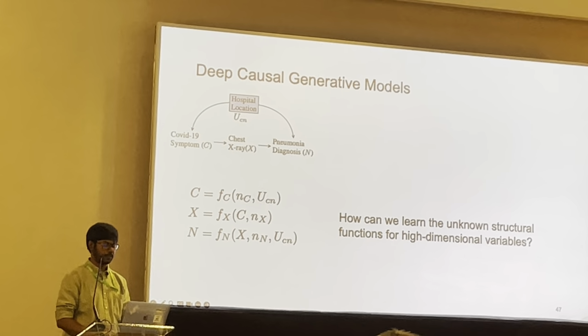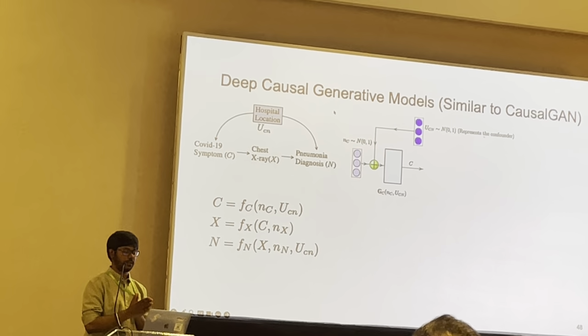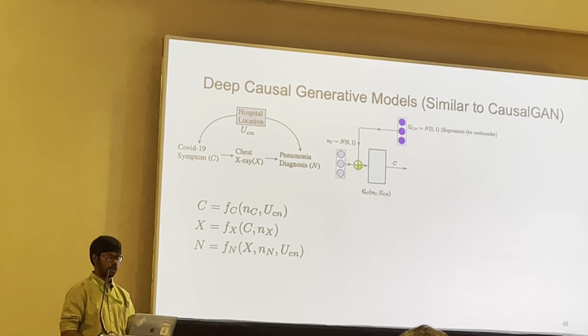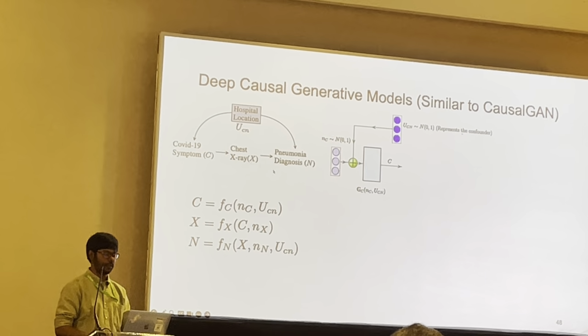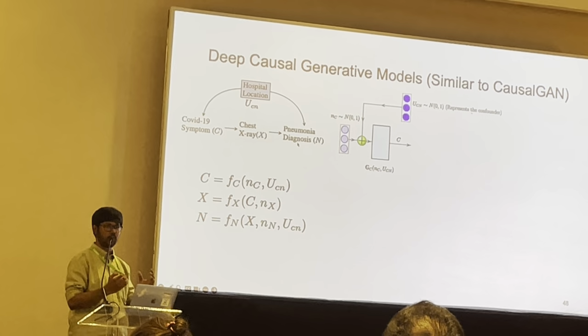How can you actually know that? So we have the deep causal generative model that is similar to CausalGAN, if you remember. We can use one neural network for each of these variables. For the COVID-19 symptom and pneumonia diagnosis, both are low dimensional variables.